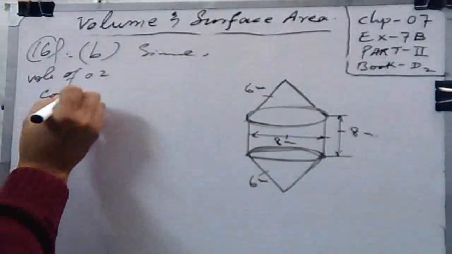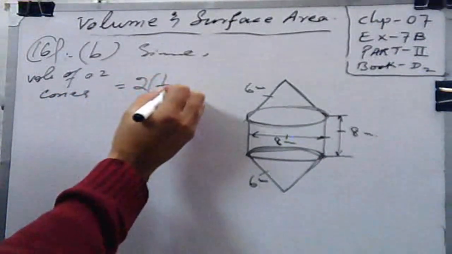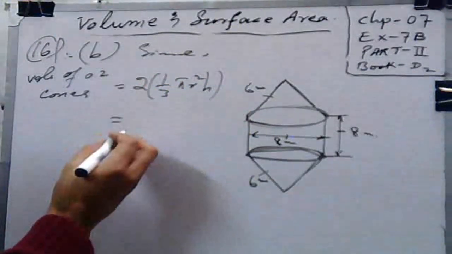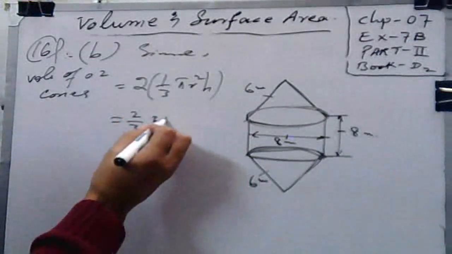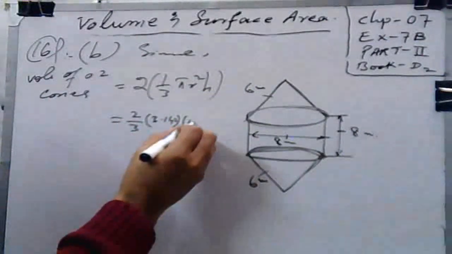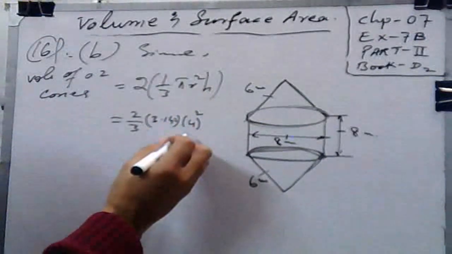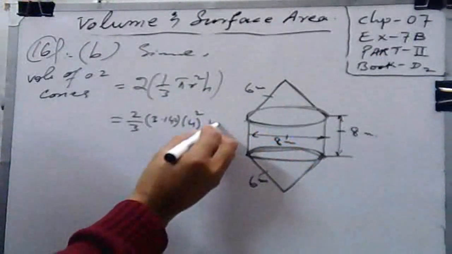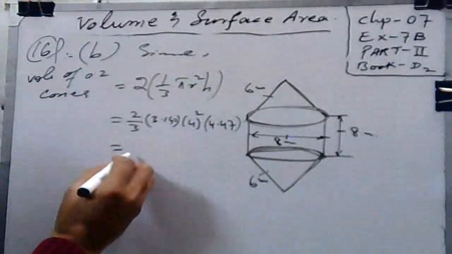Volume of two cones is equal to 2 into 1 by 3 pi r square h. Putting the values, that is 2 by 3, the value of pi is 3.142, the value of r is 4, and the value of h is 4.47, which we found initially.